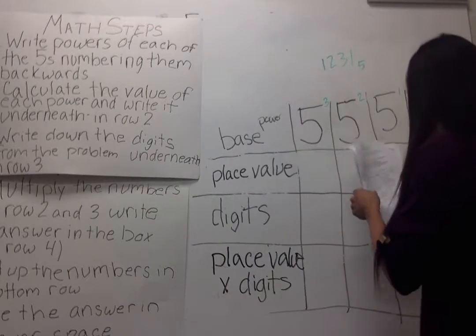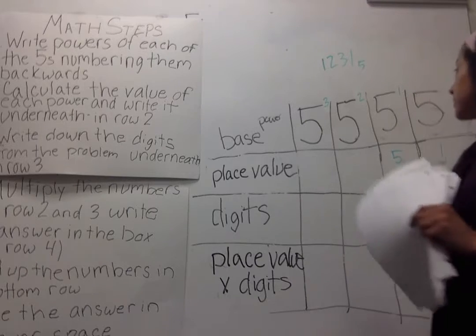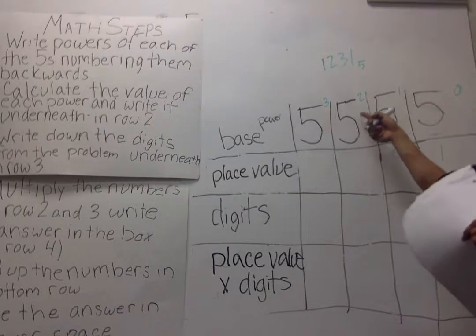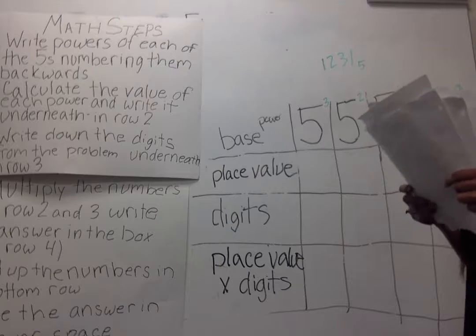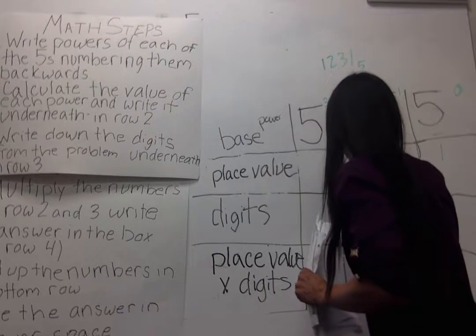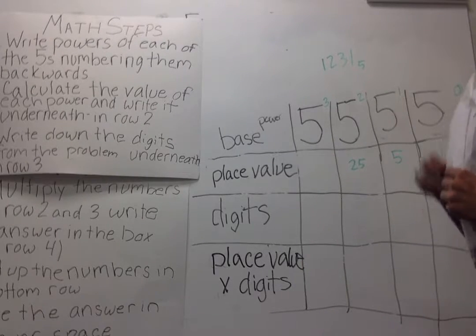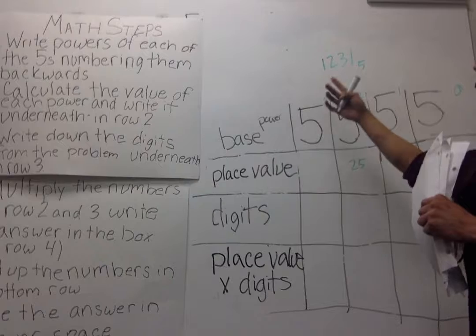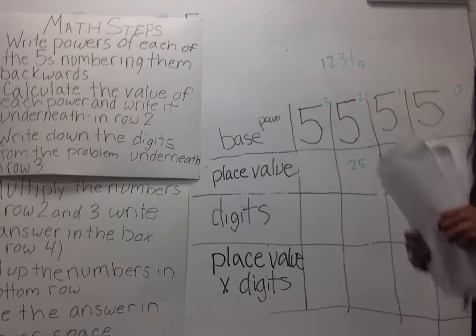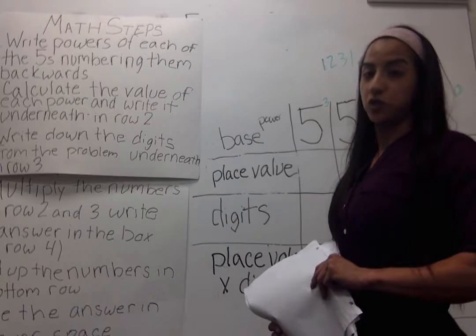So in this case, it would be 5. Here, we have 5 to the second power. 5 times 5 is 25. So here we have 5 to the third power. 5 to the third power would be 125.